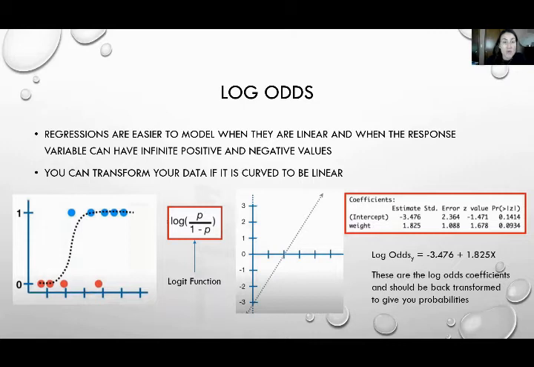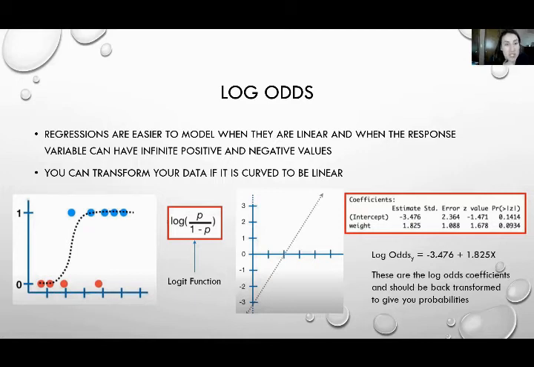So regressions in general are easier to model when they are linear, and when the response variable can have infinite positive and negative values, like the graph that you see in the middle. That's typically how we want to create a regression. And so if you have curvature to your data, you can transform it so that it is linear. Then you would calculate your parameter estimates and then back transform those to get the linear estimates.